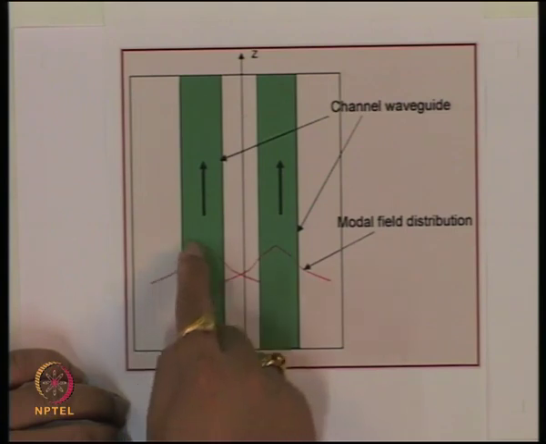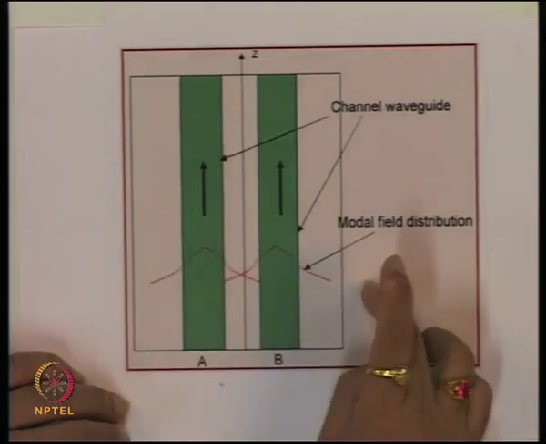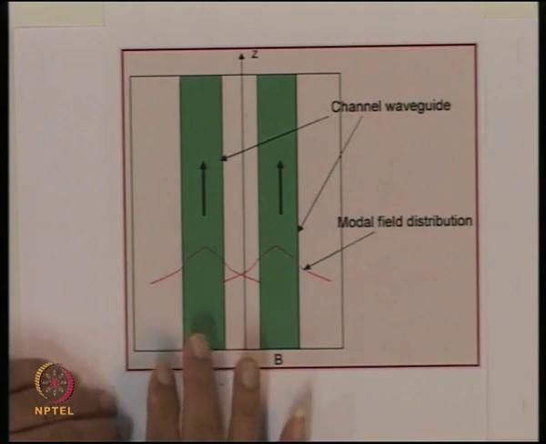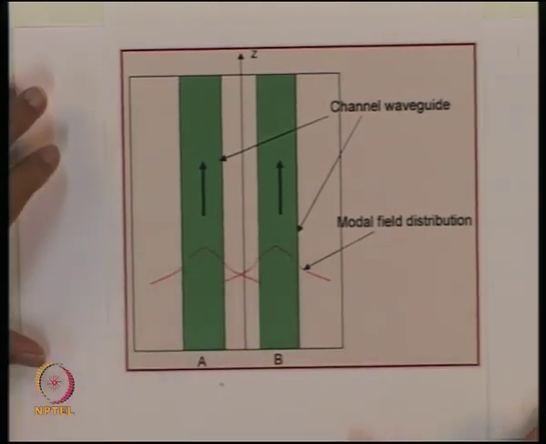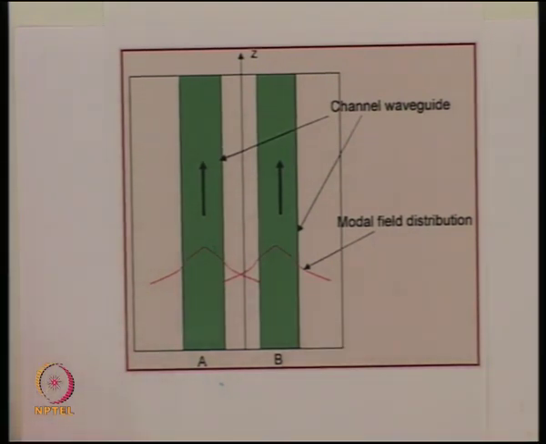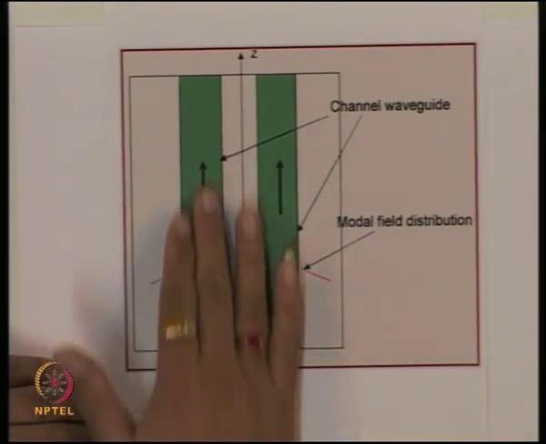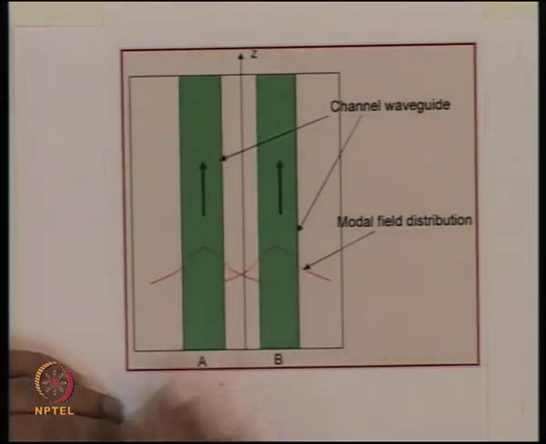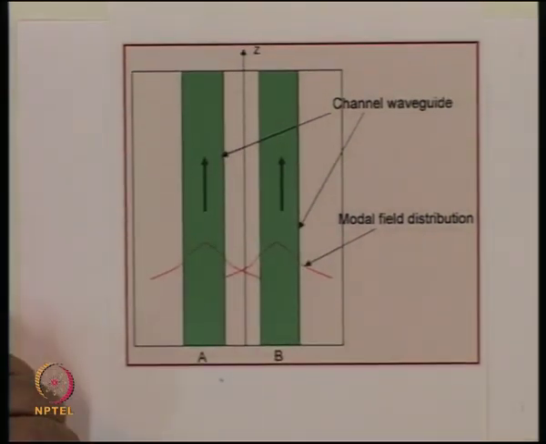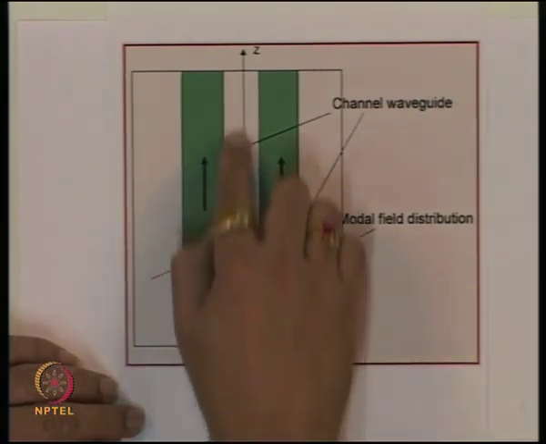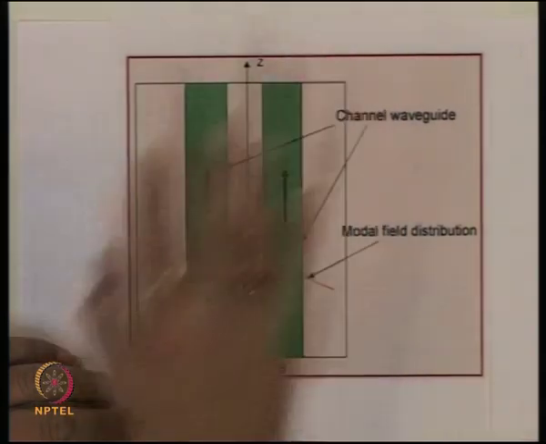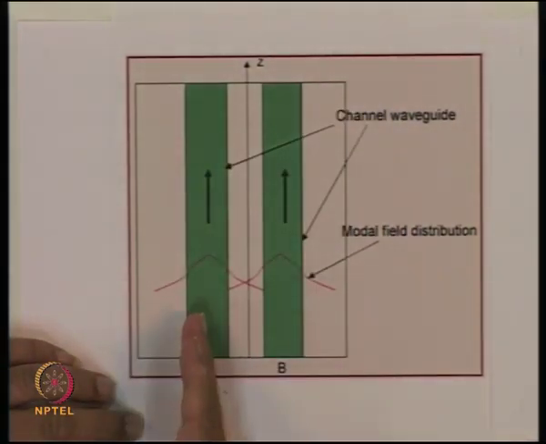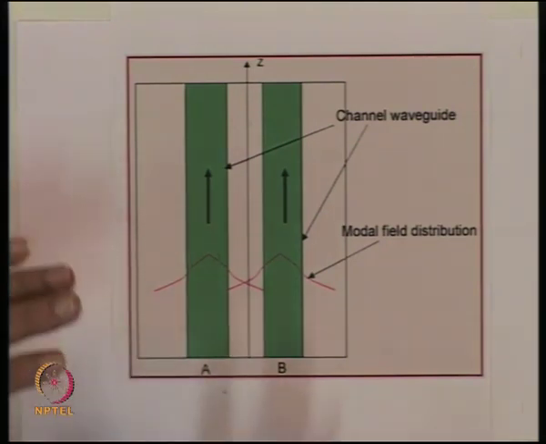Without worrying about the variation of the field in the transverse direction, we simply say that whatever the field distribution is, it is identical in both these waveguides, because we are considering these two channel waveguides identical, and that distribution is going to travel along the structure with a certain phase constant. Let us say this direction is z. So we have the phase constant in the direction z, and we are going to excite one of the waveguides at z equal to 0. That is our definition of the problem.